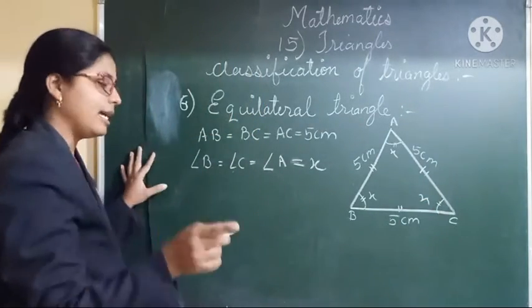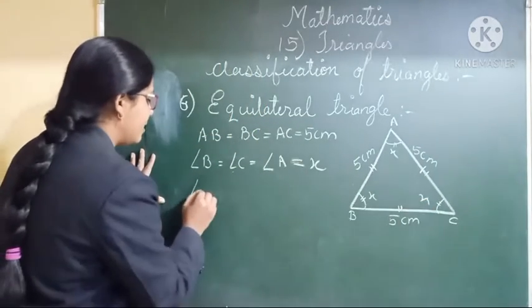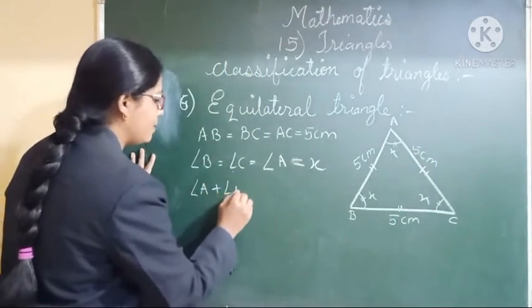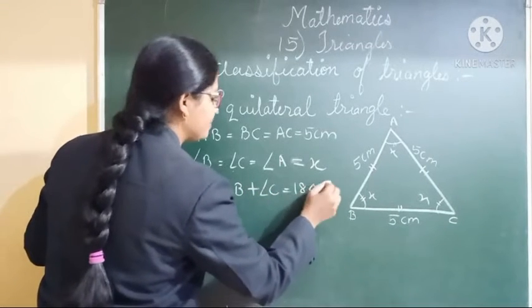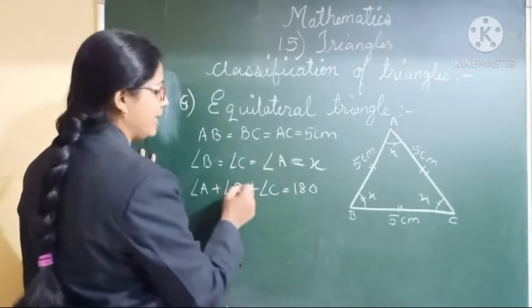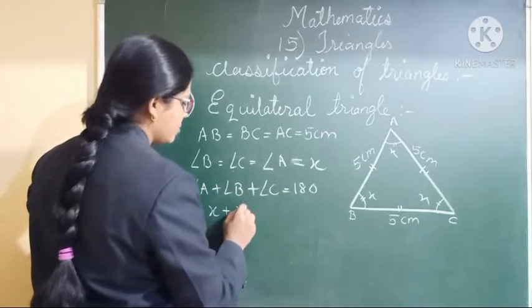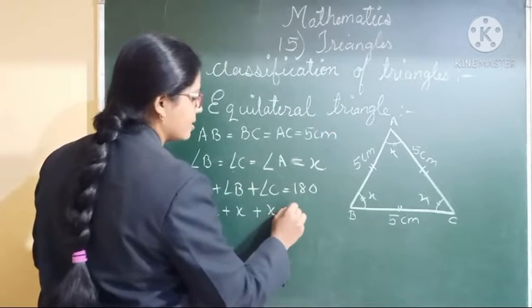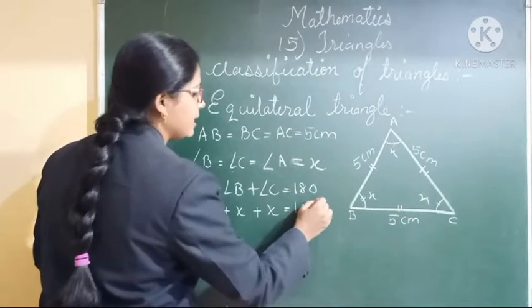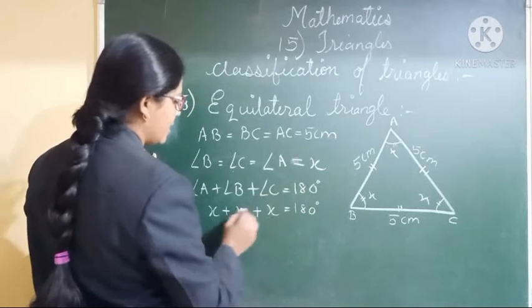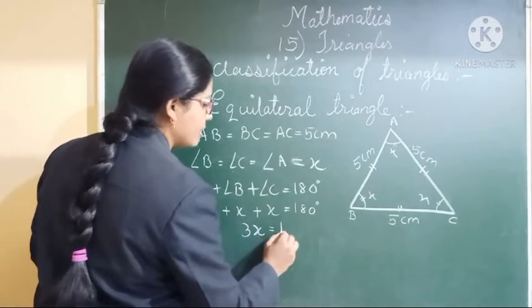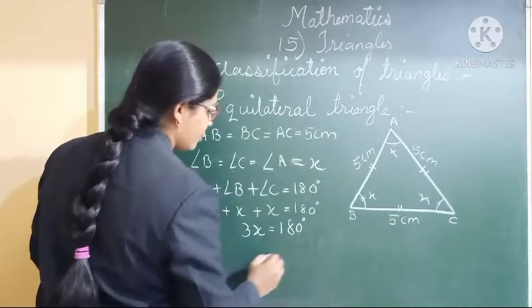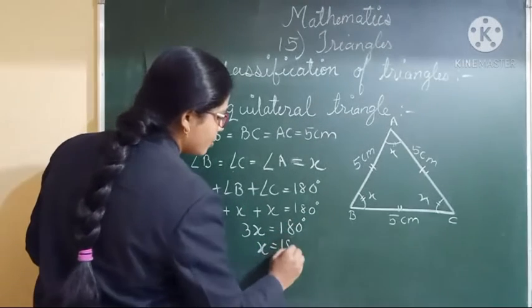So angle A plus angle B plus angle C equals 180 degrees. Angle A is x, B is x and C is x, so x plus x plus x is 3x equals 180 degrees.